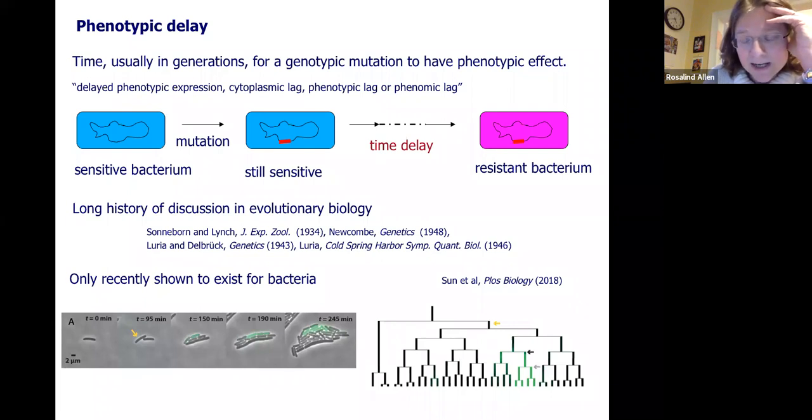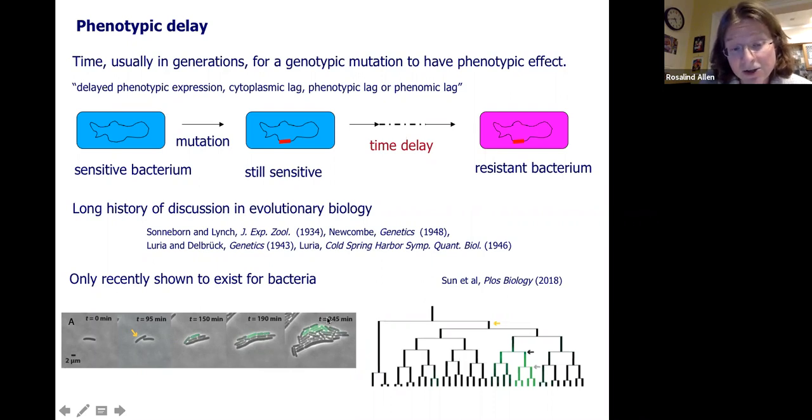So before 2018, when this important paper emerged from Sebastian Bonhoeffer's group, it wasn't known that phenotypic delay actually existed for bacteria. And what Sebastian Bonhoeffer did was to make, among other things, a very nice genetic construct where they could actually trigger a kind of mutation happening at a particular defined time and follow its phenotypic effects.